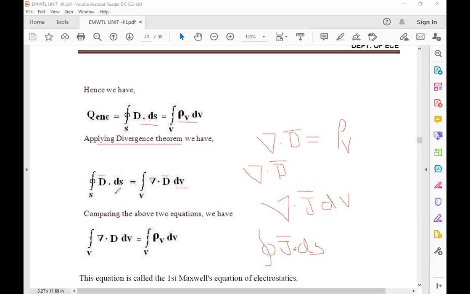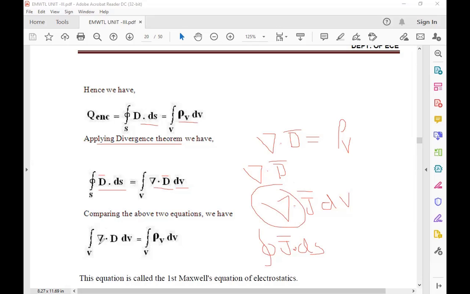Got it? So the surface integral is converted to the volume integral, changing the surface as volume and replacing the dS with dv, and the D is del dot D bar. Any variable is there, you can replace with the del dot.